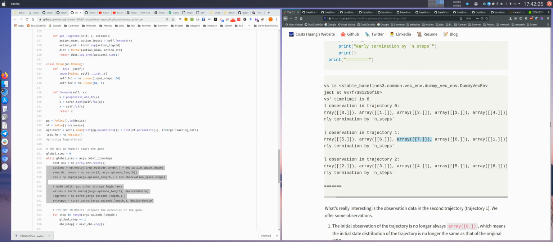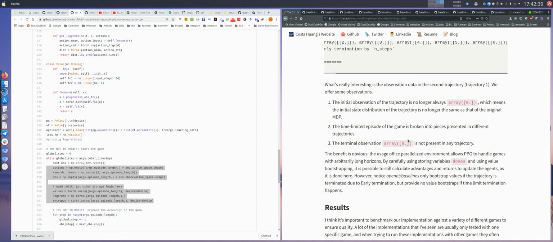There's no value bootstrap based on the terminal observation of 8, even though the game really terminates at something like 10.